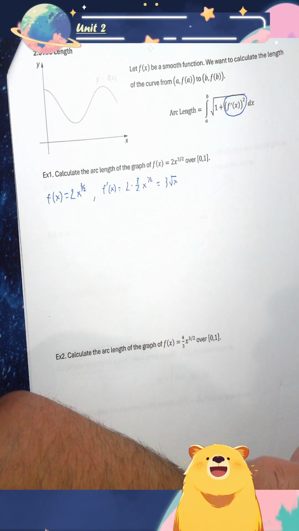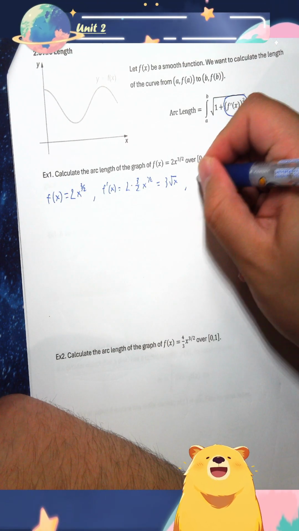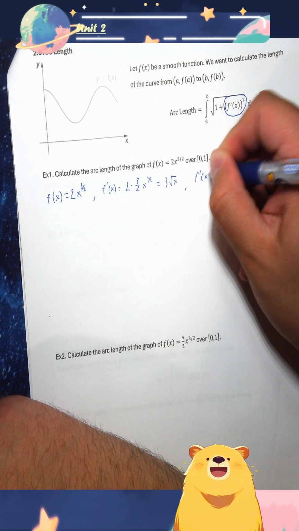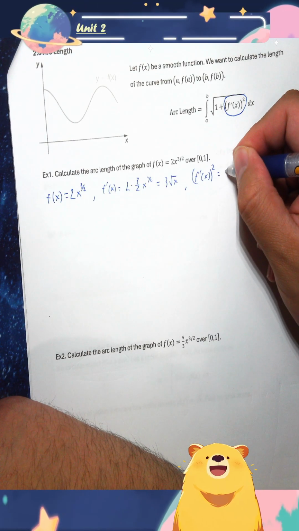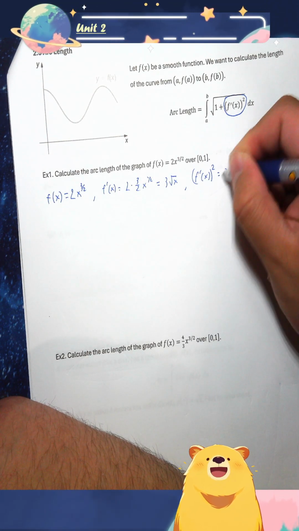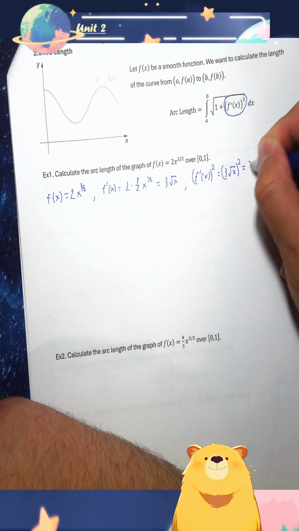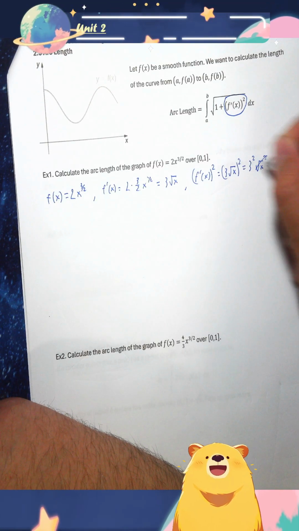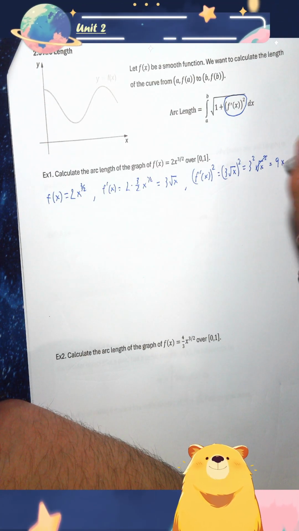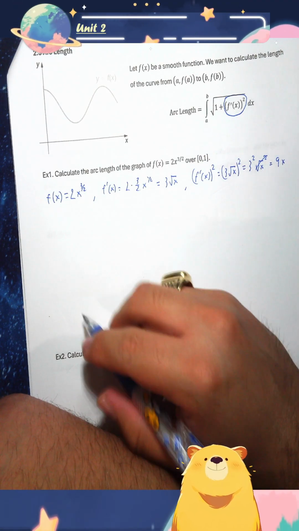And then, from here, we want to square this derivative. So 3 square root of x, squared. A square goes to the 3, and a square goes to that square root. That cancels out, and that becomes 9x as the whole expression.